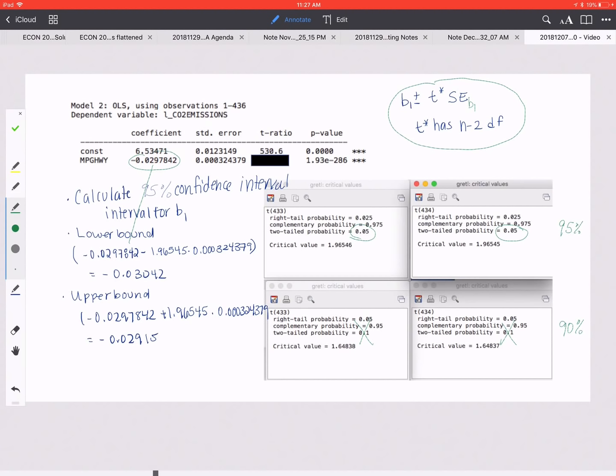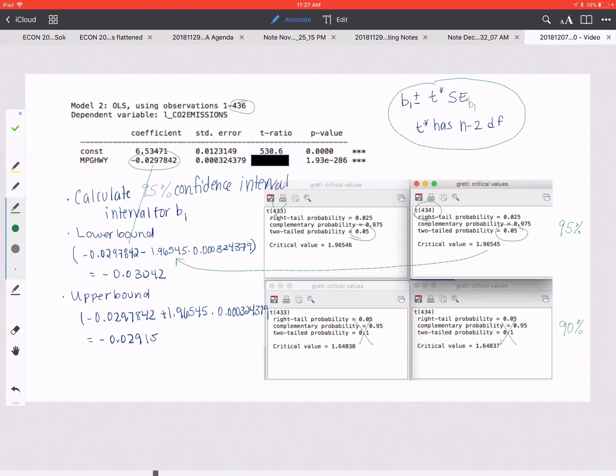The next thing we need to think about is the degrees of freedom. We have 436 observations. The degrees of freedom is n minus 2, which gives us 434 degrees of freedom. So now we have our critical value, and we multiply that by the standard error of B1.